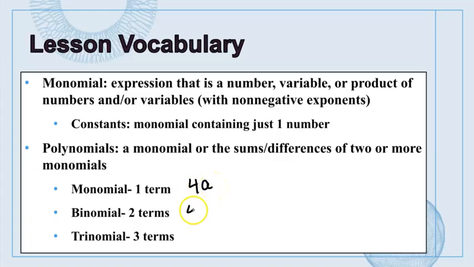A binomial could be 4a minus 1. A trinomial has three terms. So that could be 4a squared minus 2a plus 1. That would be three terms because I have three groups of numbers and/or letters.